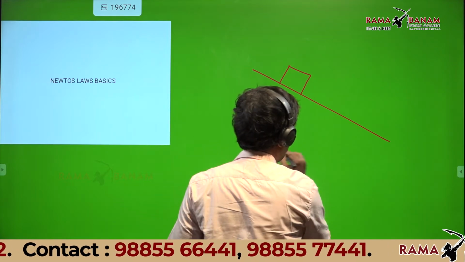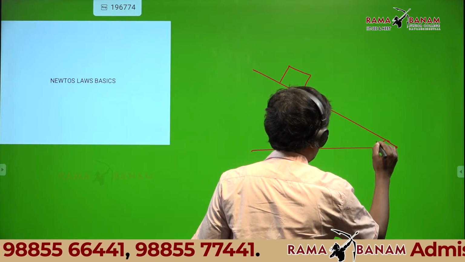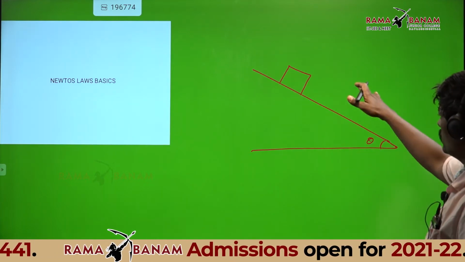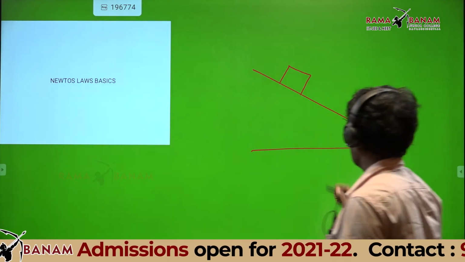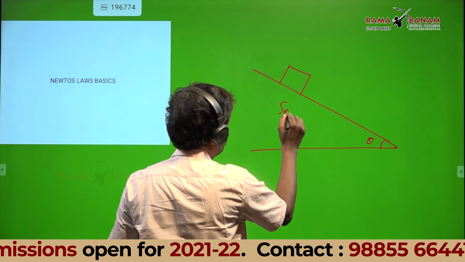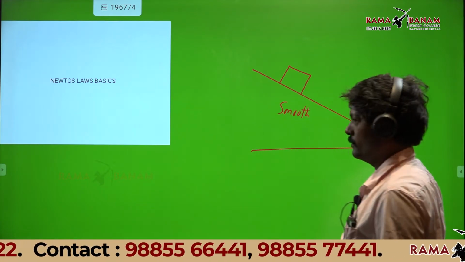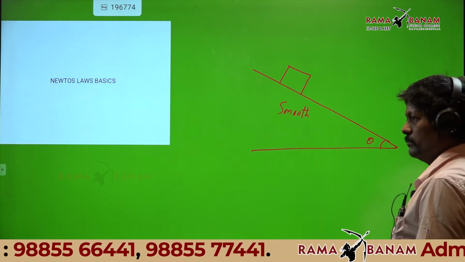this is the inclined plane. There is a slope, on the slope I place the body. Imagine the slope is smooth. The body will slide down.